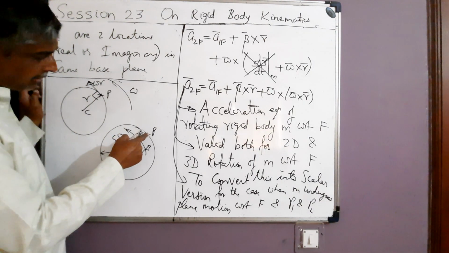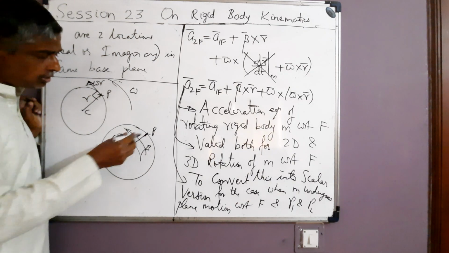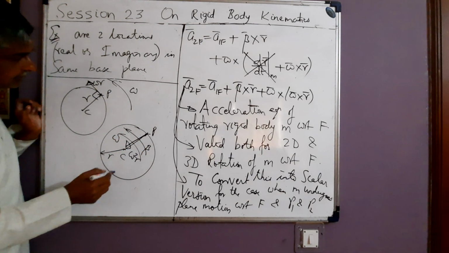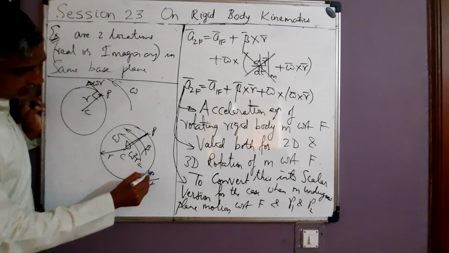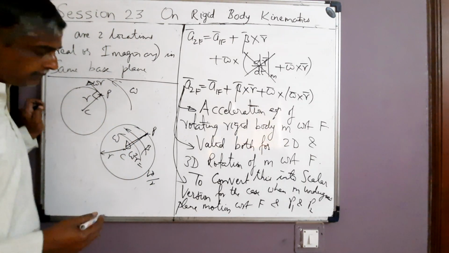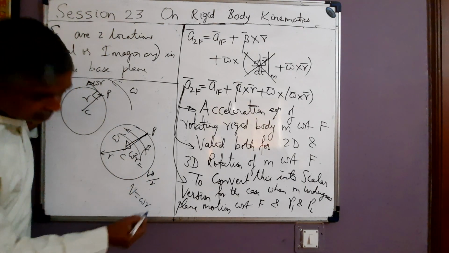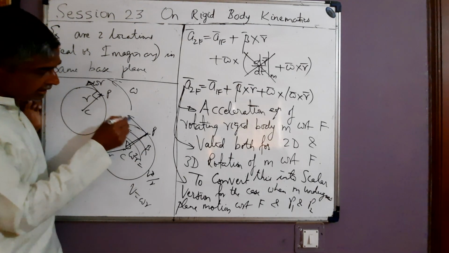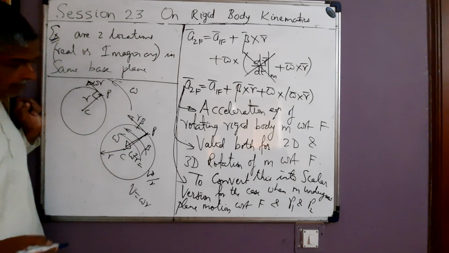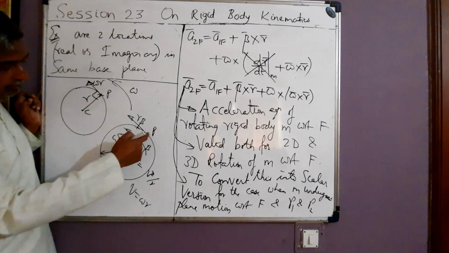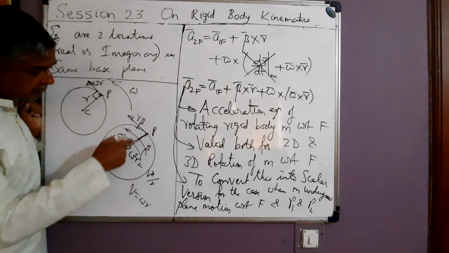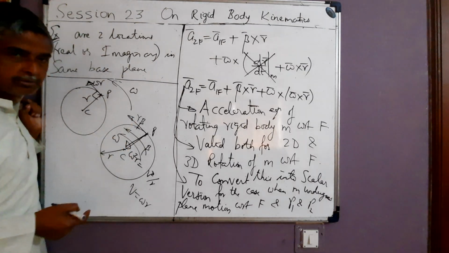Then the acceleration of P is a resultant of centripetal acceleration, omega square r, or v square by r, where v is the speed of point P, v is just omega r from circular motion theory. And the tangential acceleration of P will be r beta. And the centripetal acceleration of P will be omega square r towards the center.